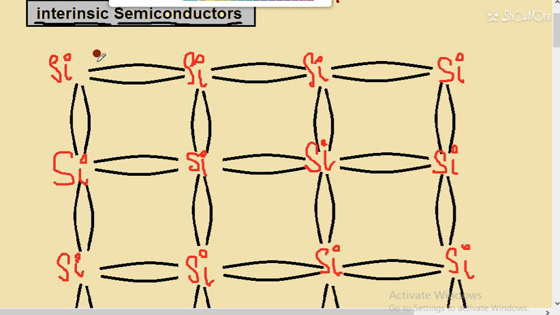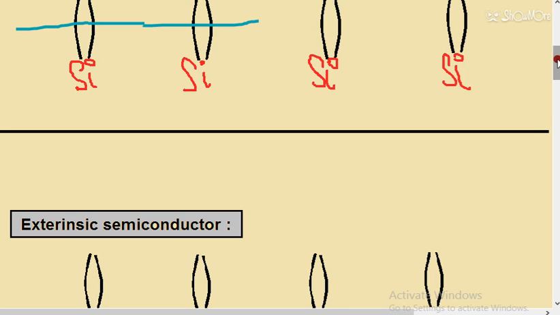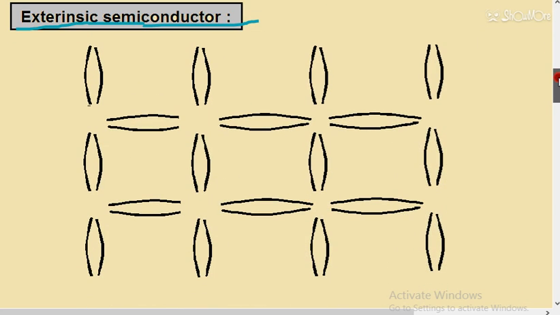Intrinsic semiconductor is clear, and now we have to move to the second type, the extrinsic semiconductor.